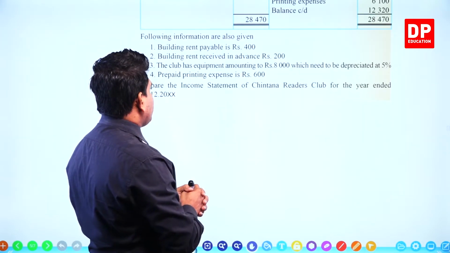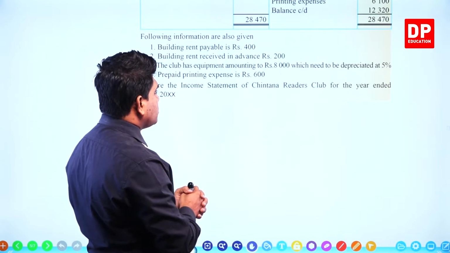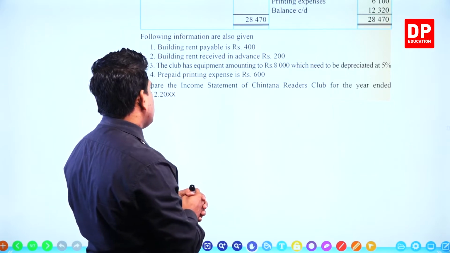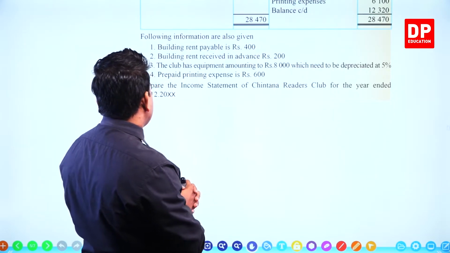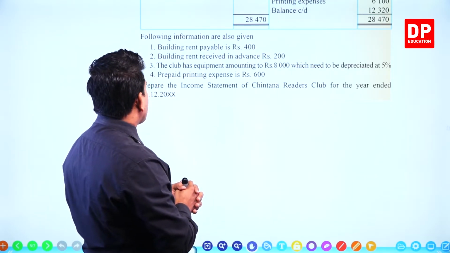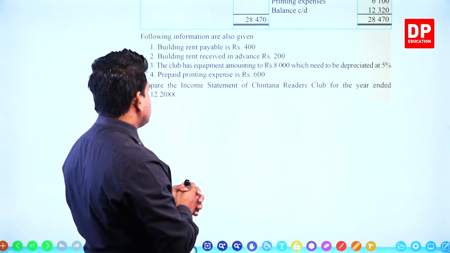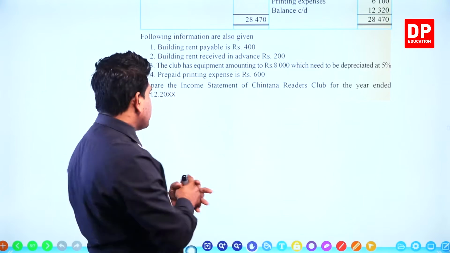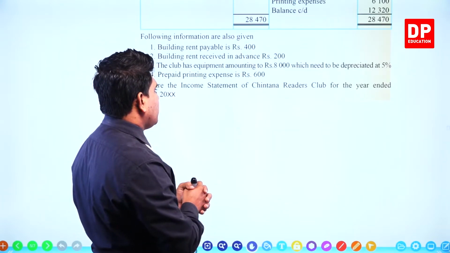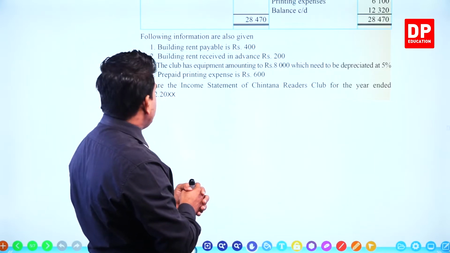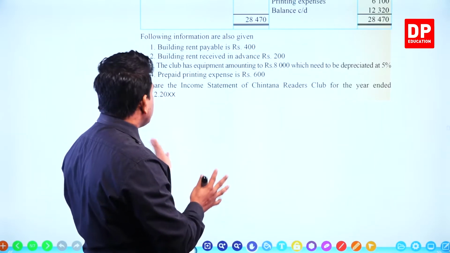The club has equipment amounting to 8,000 which needs to be depreciated 5%. We have to calculate it. Then prepaid printing expense 600. You have to minus it from the relevant expense. Prepare the income statement of Chintana Readers Club for the year ended 31st December.